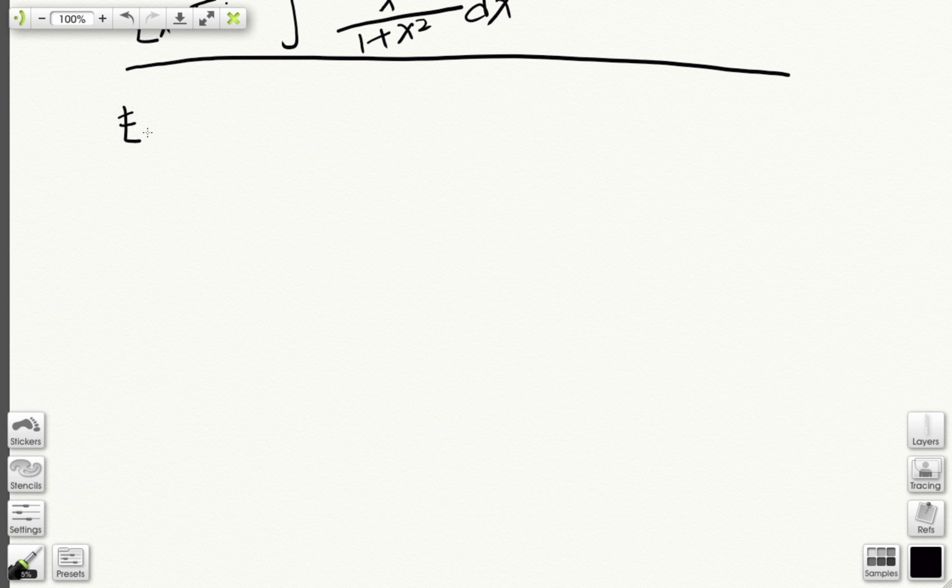So the answer for the first one, exercise 3, is to find the integral of arctangent of x dx.